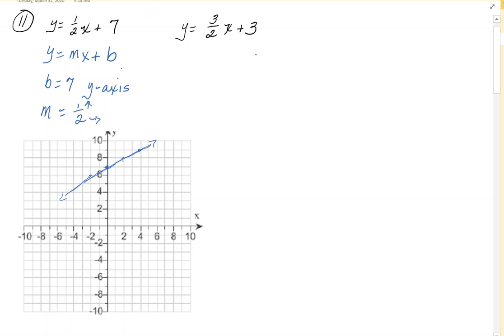All right, this second one I'm going to do in red, or at least I'm going to give it a try. For this one, the b value is 3, and the slope is 3 over 2, which means up 3 over 2 from your beginning point of 3. So I will begin at 3.